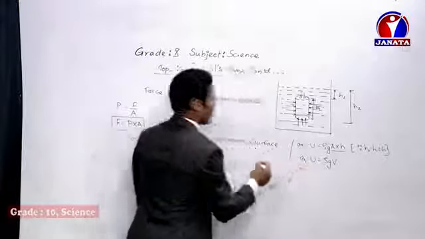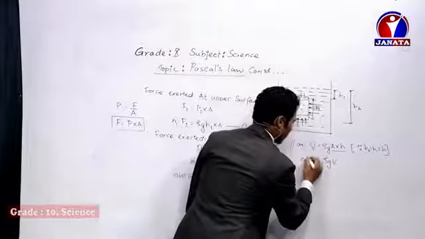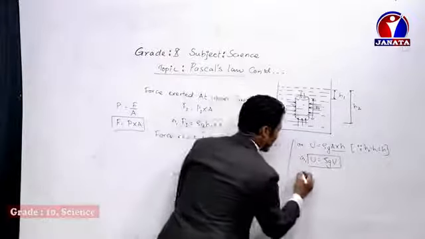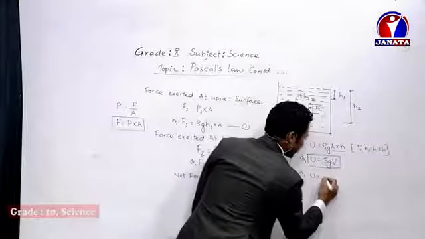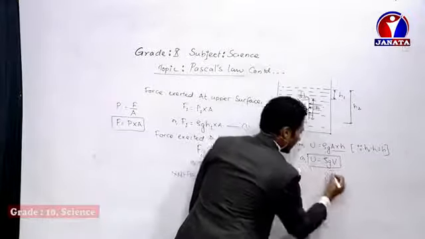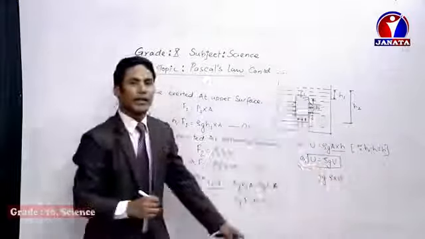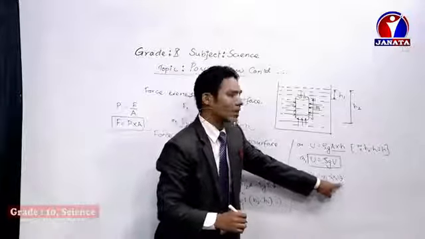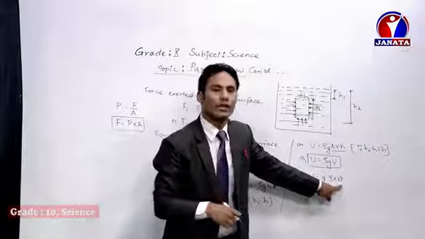If we need to prove the Archimedes principle, then here this is the formula: upthrust equals g as it is, and density into volume. This is the density of the liquid, and this is the volume of the object, which equals the volume of liquid displaced.